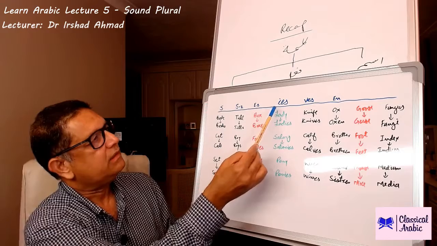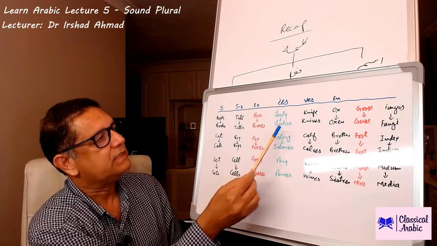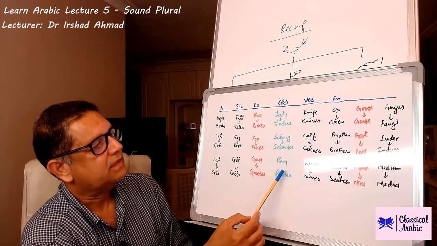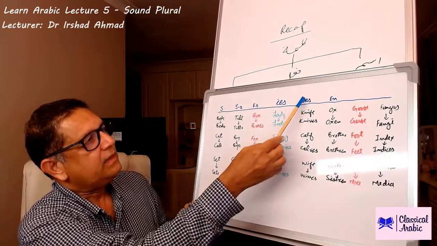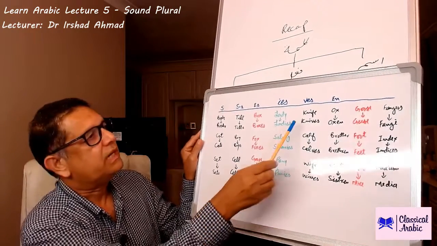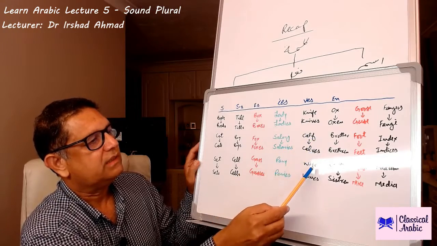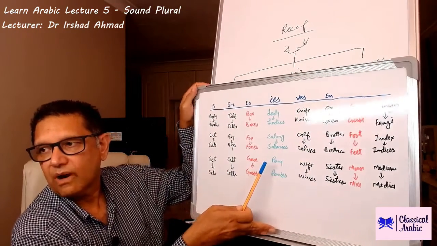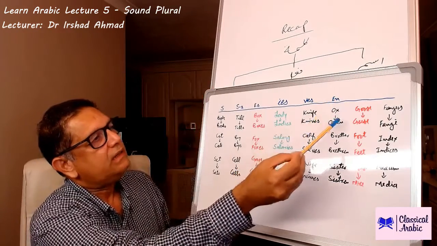And then towards the end we add ies. Lady, ladies, celery, celeries, pony, ponies. And then we add ves. So knife becomes knives, calf becomes calves, wife becomes wives. And then we add en at the end.